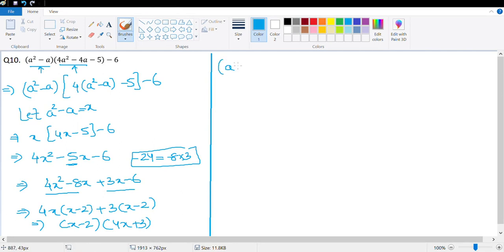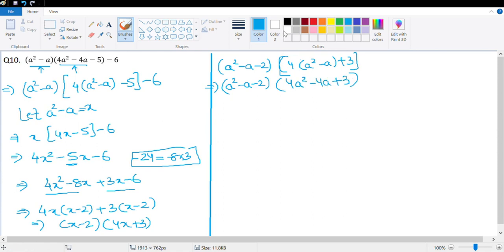The first one becomes a square minus a minus 2 and the second one becomes 4 times (a square minus a) plus 3. So this is a square minus a minus 2 and this is 4a square minus 4a plus 3.